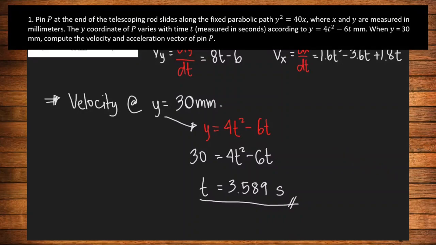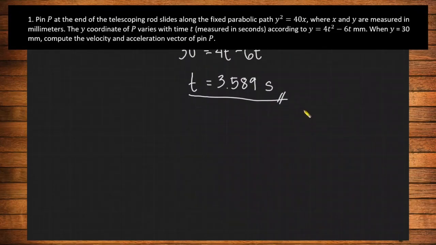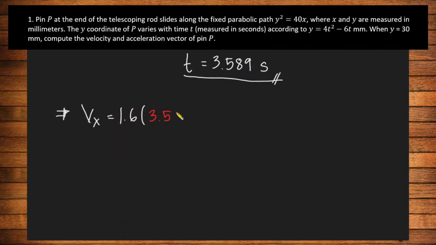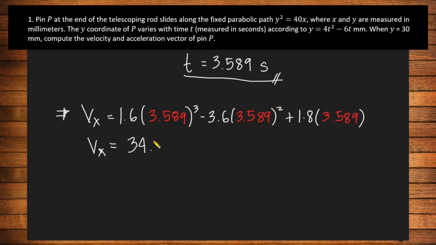Gagawin lang natin is again, nahanap yung velocity vector. So, isa-substitute lang natin doon. So, for the x component of our velocity, time, we will just put 3.589 seconds. So we will have 34.06 millimeters per second for the x component of our velocity.